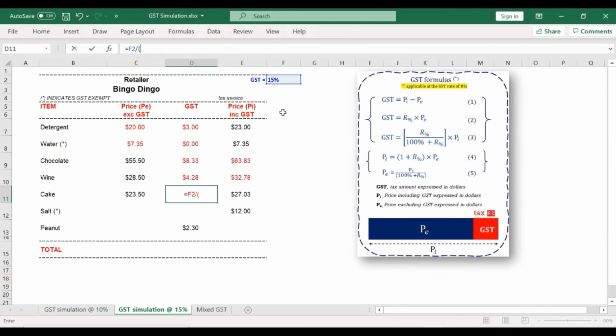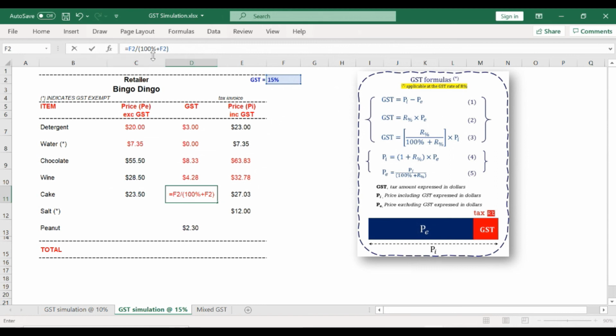So I'm going to open bracket. It's very important to open bracket because we are adding the 100% plus R%. If you want to tell Excel to do that, you have to use the bracket. So it's 100% plus the rate itself. Now the whole ratio, F2 over 100% plus F2, is multiplied by PI.